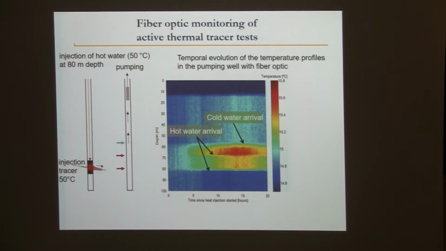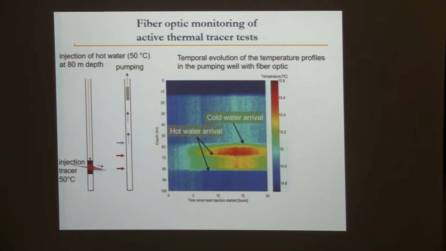And what we observed is that it was transported from here to this borehole, and we could see very well one heat arrival here at 80 meters depth, another one at 60 meters, and then above something like 58 meters, we don't see any warm arrival, simply because here we have some cold water arrival that dilutes the signal of heat. So what is interesting is that we see very well these two fractures.